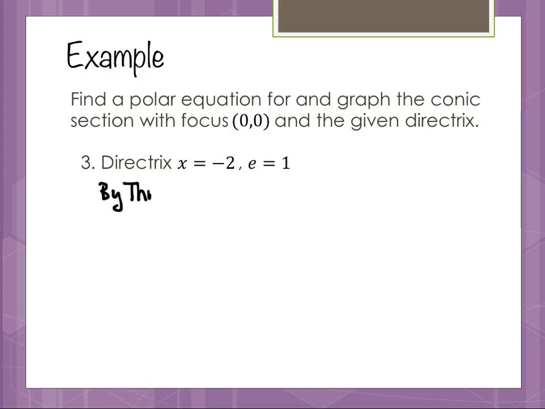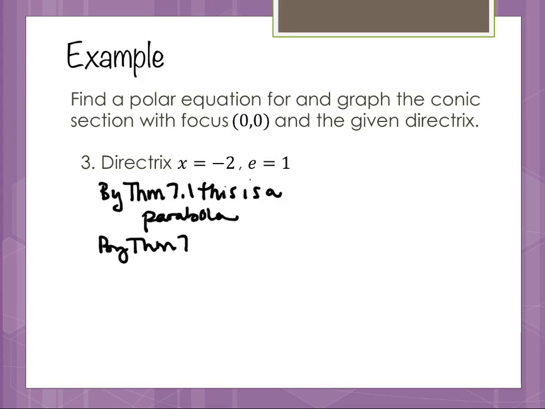By Theorem 7.1, what is this? This is a parabola. By Theorem 7.2, what part of that theorem are we going to use? We've got x equals -2. Yep, this is part 2, but with x equals a negative value this time.